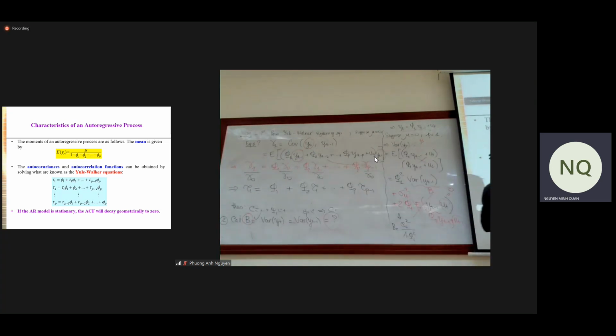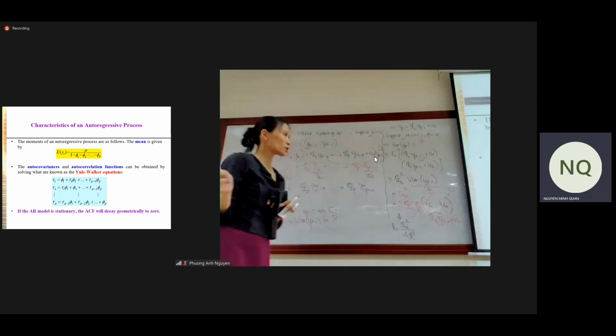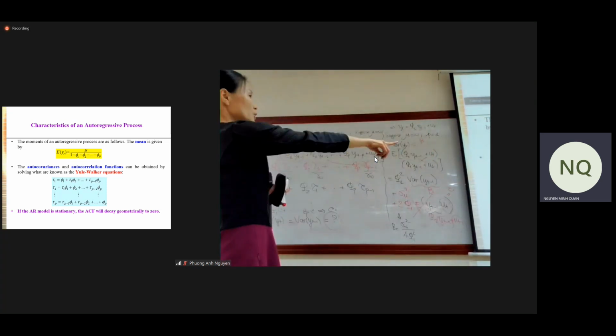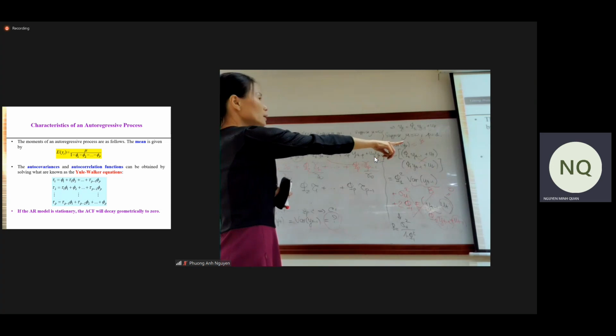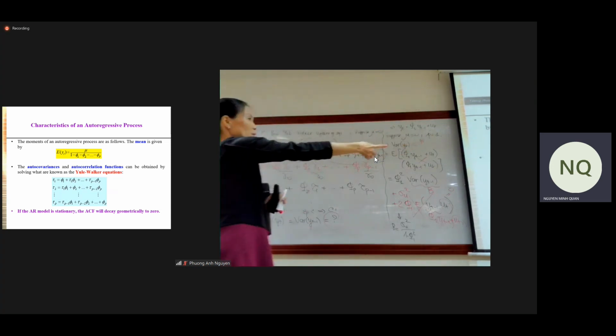Which is exactly the first equation in your Yule-Walker system of equations. We can check: phi_1, then tau_1 phi_2, phi_p tau_{p-1}.